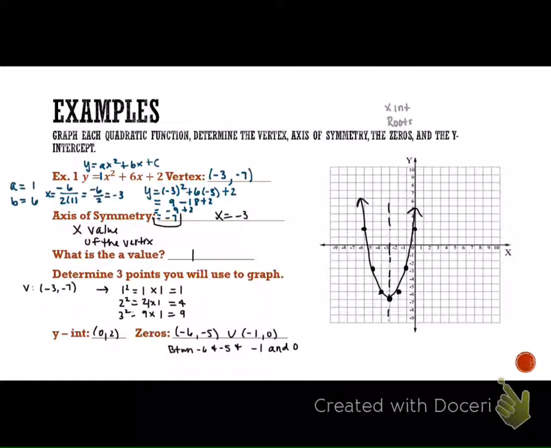All right. Questions there? Before we move on to the next one? Okay. I'll let you guys finish up there. Please be asking questions, because if you can't do this, it's going to be hard for you. On the zeros, it says between -6 and -5. I don't know how he had you guys doing it.